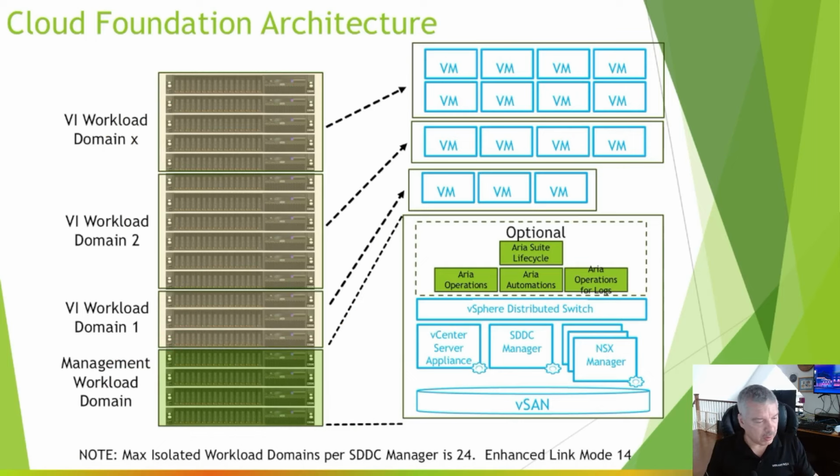Now, how many VI workload domains can we have? It says here the max isolated workload domains is 24. Technically, the management domain is also a workload domain, so that would be 25. What do I mean by isolated? When you deploy the first management workload domain, it's going to have a single sign-on domain.